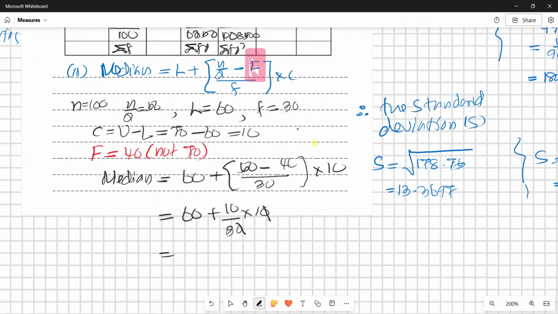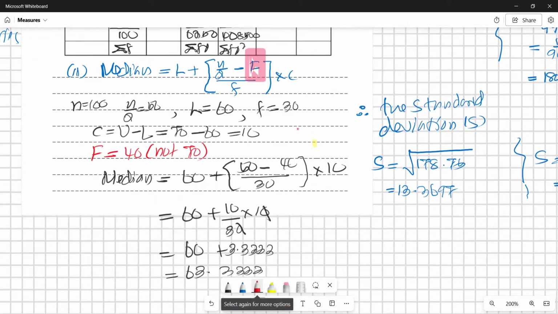This is 60 plus 3.333, rounding 4 to last. Altogether, 63.333. The marks will be provided for theory, correct substitution, correct calculation, and table calculation also.